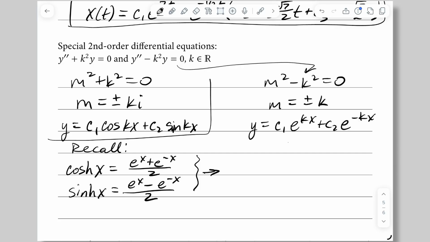And so these definitions, together with this form of a solution, would give us y equals c1 times the hyperbolic cosine of kx plus c2 times the hyperbolic sine of kx. I wouldn't expect you to produce these solutions, though it would be fine if you did. But if you ever see them running around, I want you to know why they show up, and they show up because they're special sums and differences of particular exponential functions.